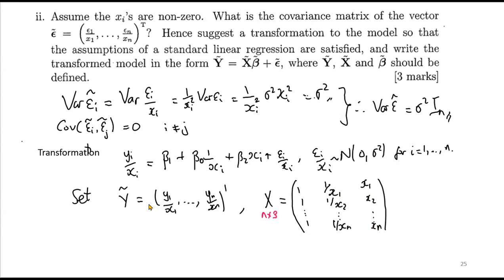That's an n by 3 matrix. Now the beta here, notice, starts with beta 1, beta 0, and then beta 2.